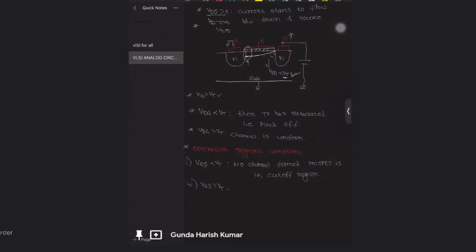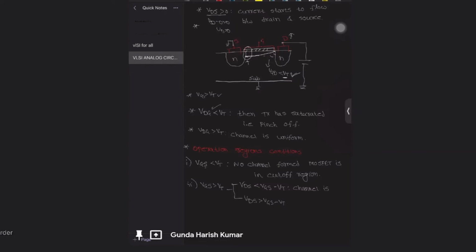Now second, suppose VGS is greater than VT, the channel is formed, but there are two cases. VDS is less than VGS minus VT. This is nothing but the equation VDG is greater than VT.